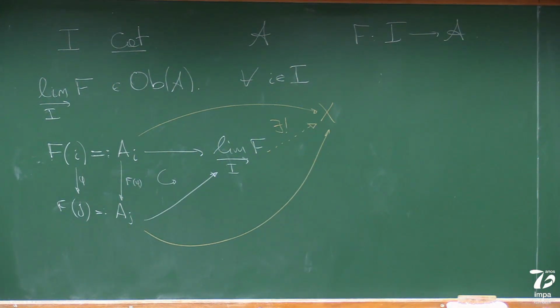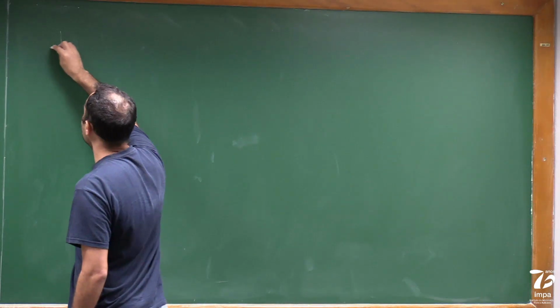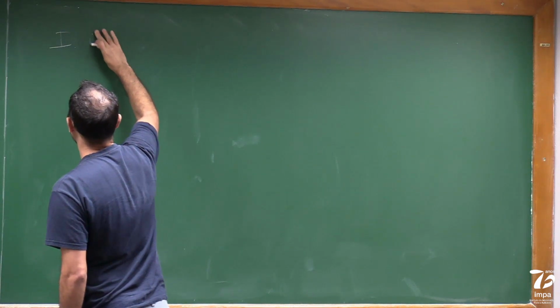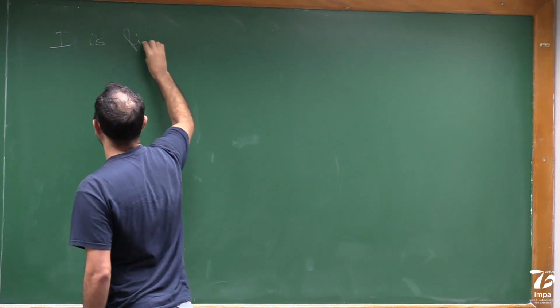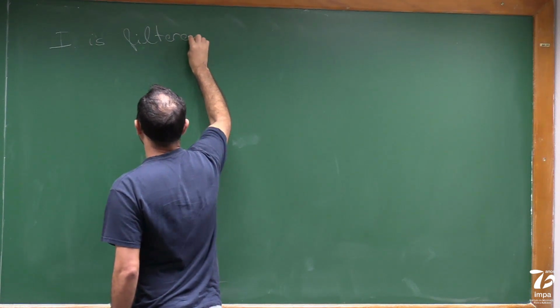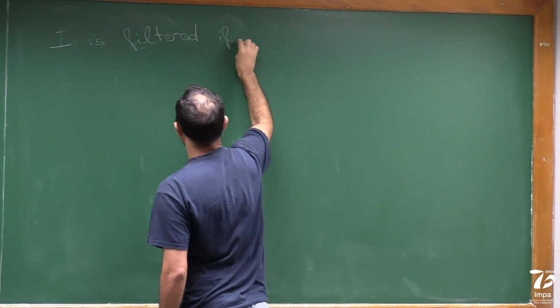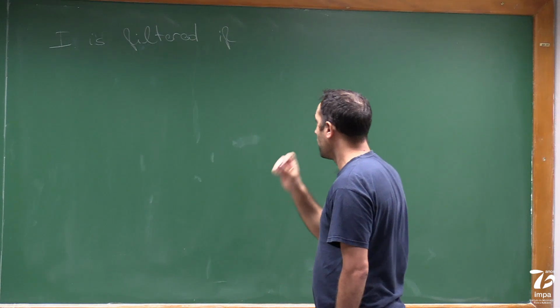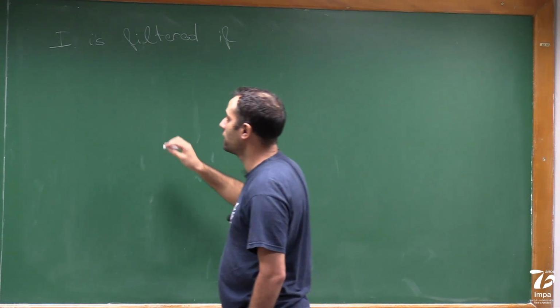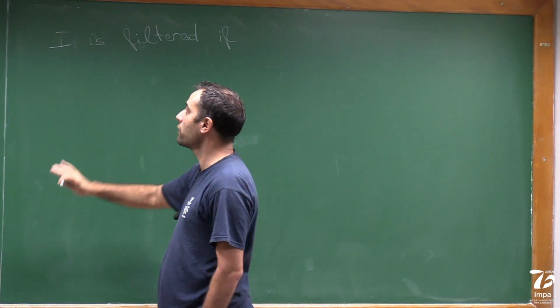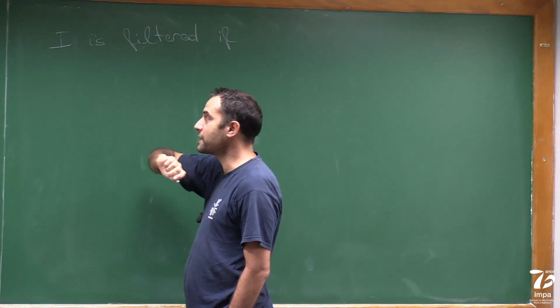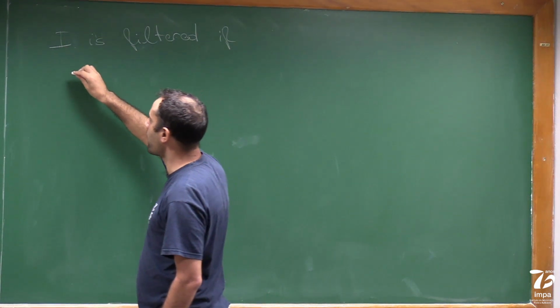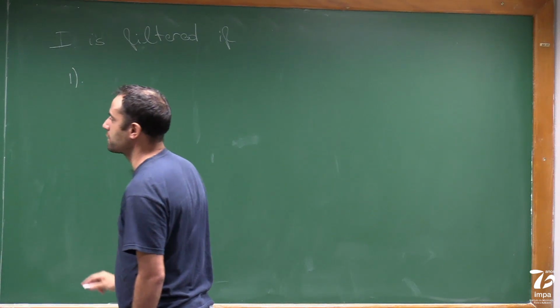Now, colimits might not exist in a category. We will only care about filtered colimits. So I would say that I is filtered if the following two conditions hold. I again is a small category, objects form a set, and I'm going to require two conditions to be satisfied.